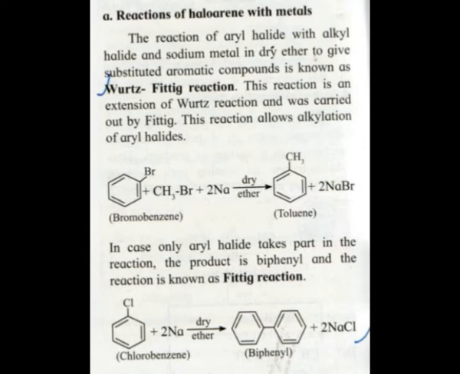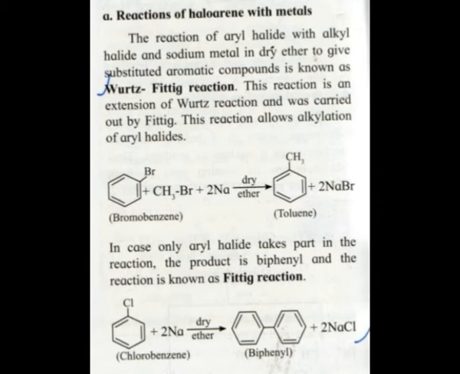The reaction of aryl halide with alkyl halide and sodium metal in dry ether to give substituted aromatic compounds is known as Wurtz-Fittig reaction. This reaction is an extension of Wurtz reaction and was carried out by Fittig. This reaction allows alkylation of aryl halides.